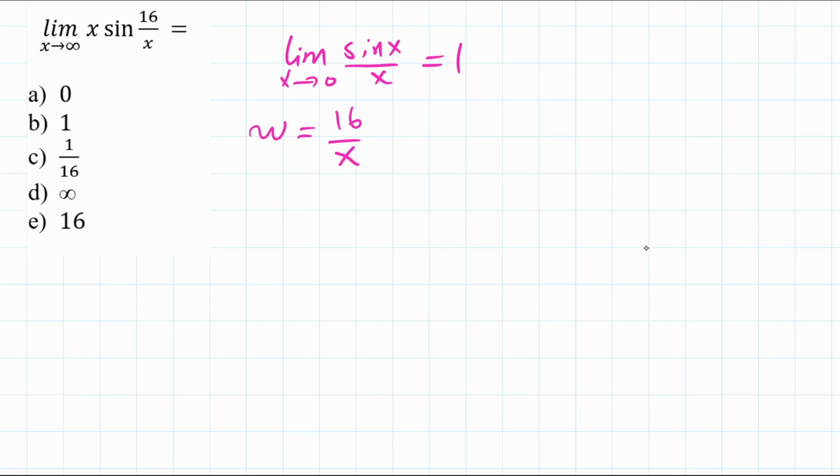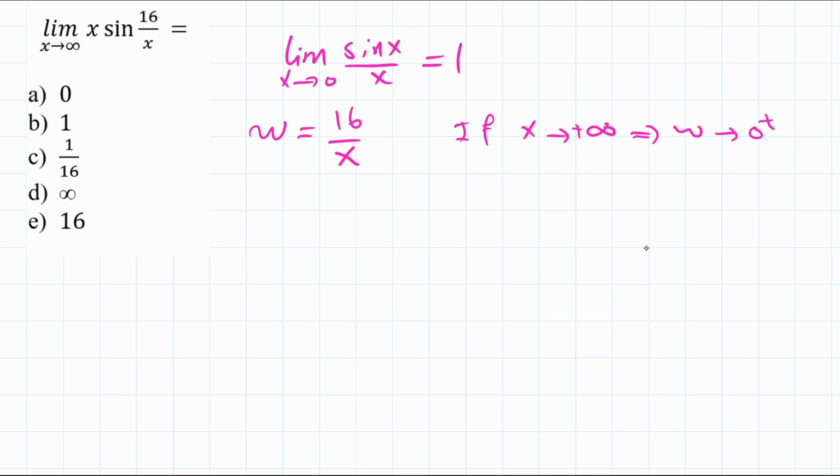So now what happens is that if x goes to plus infinity, then it is true that w will go to 0 from the right hand side, because 16 over a very large number is going to be close to 0, but it will always be positive.